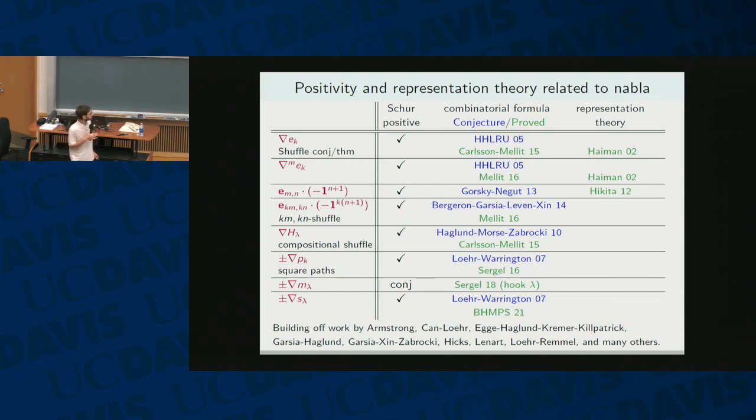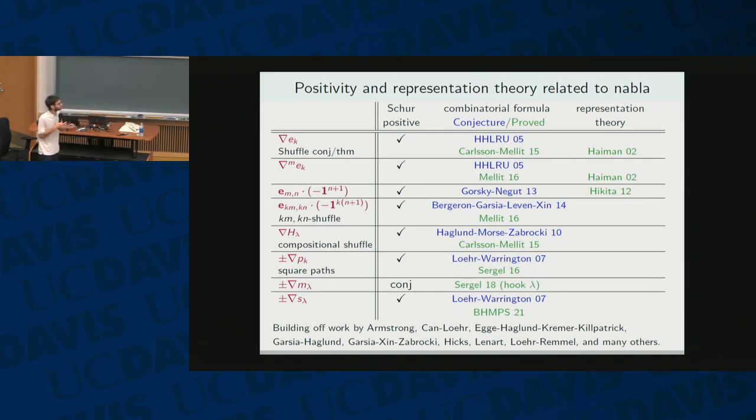There's been a lot of work on trying to find representation theoretic models for these. Here are a few that I know of. The one we talked about on the last slide was due to Mark Haiman, and there's a similar description of nabla to the M. There's a result of Hikita connecting some of this MN version to affine Springer fibers.